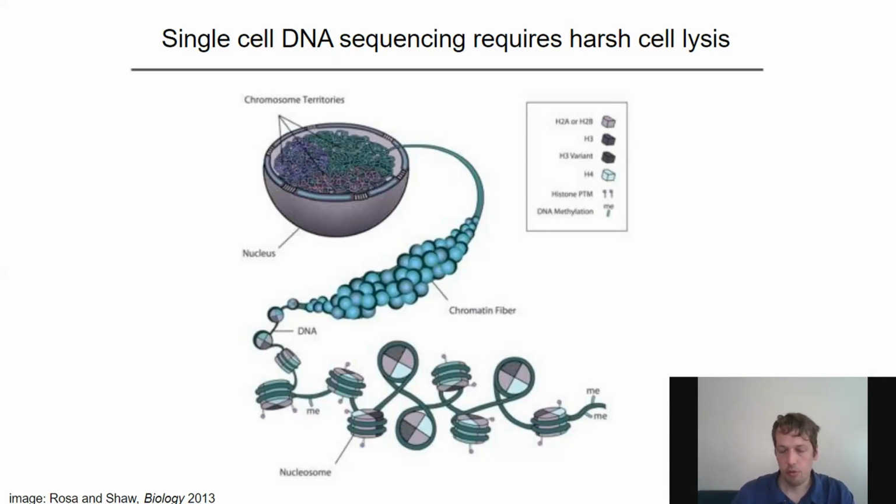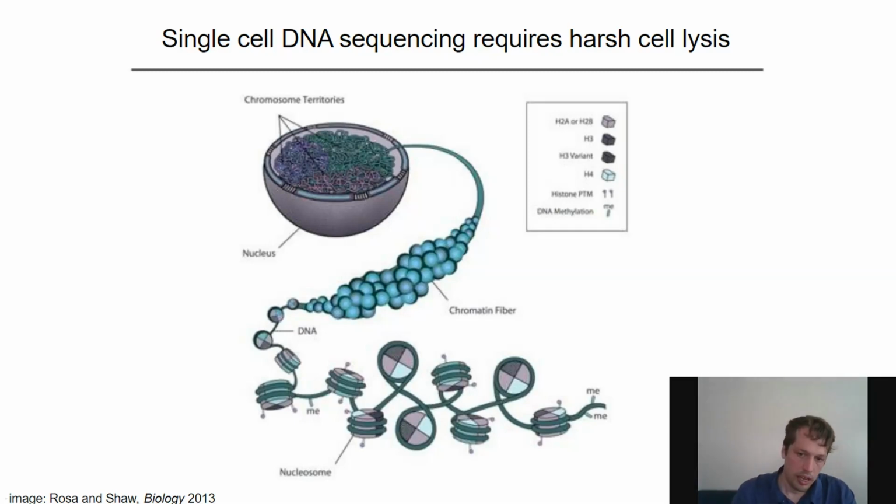Now, the standard way of dealing with the chromatin in DNA extraction is to just use a very harsh lysis condition. This essentially strips the DNA of all the protein components and makes it available for the reaction. However, in this case, the harsh lysis condition is in itself very inhibitory to the molecular biology that we would want to do in order to barcode the DNA.